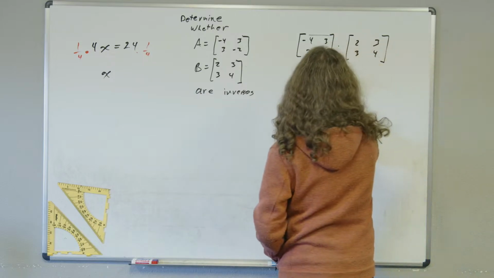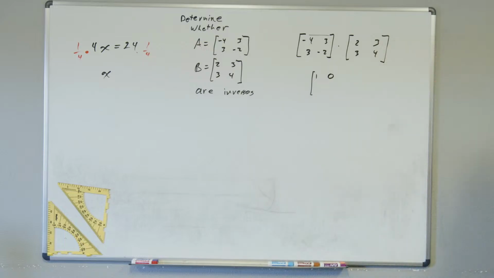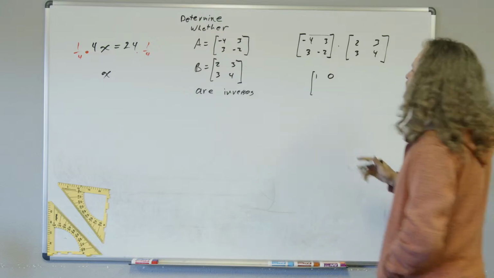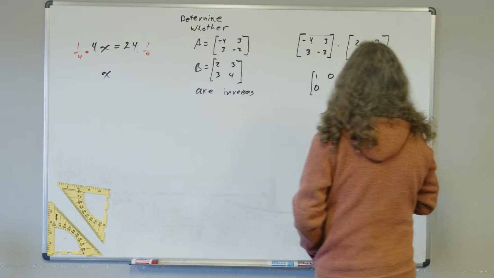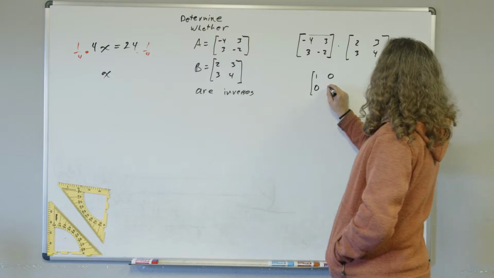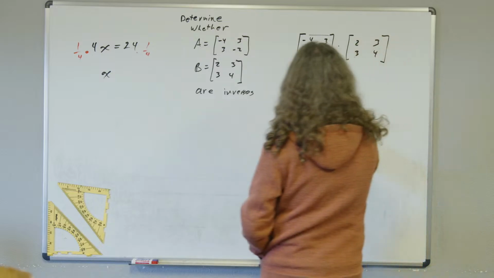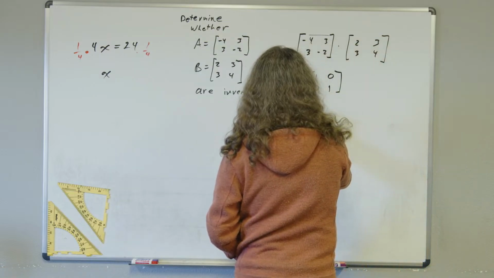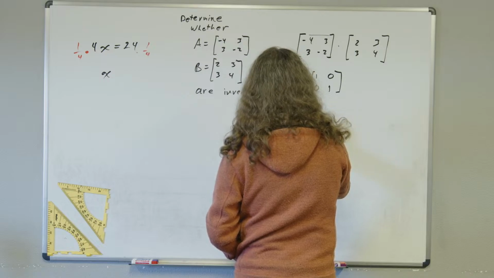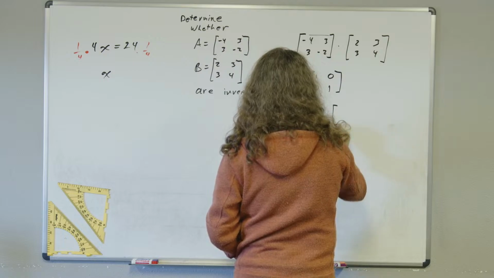It's 0. Looking great so far. 3 times 2 is 6, plus -2 times 3 is 0. Still working. 3 times 3 is 9, plus -8 is 1. It works that way. Great. Let's try it the other way. They both have to work, so if something doesn't come out, then you can just stop and don't have to finish it. Correct. Unless you made a mistake.